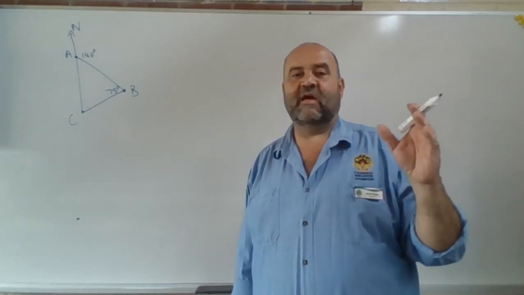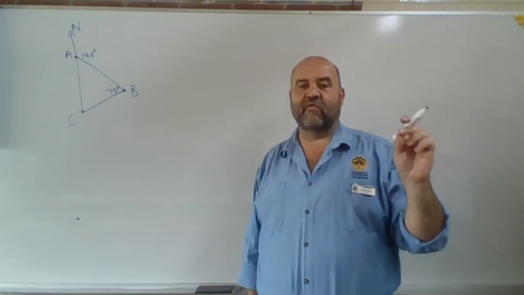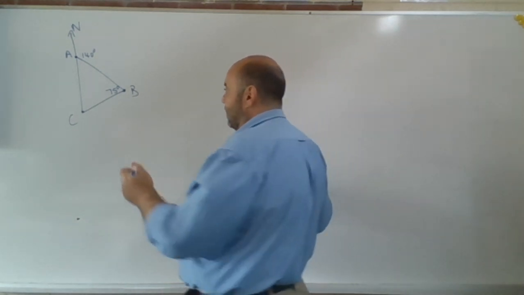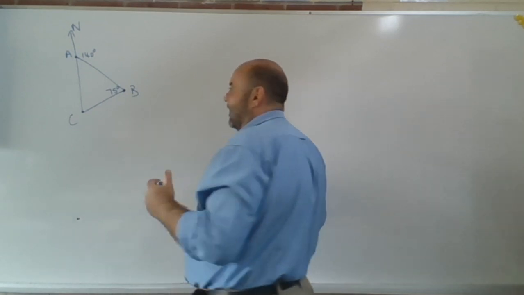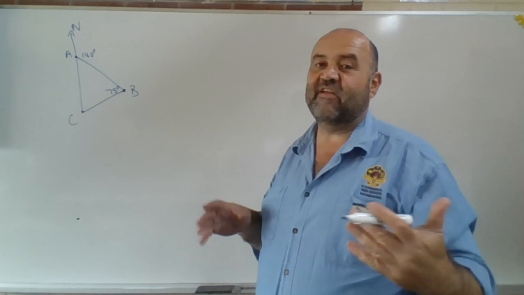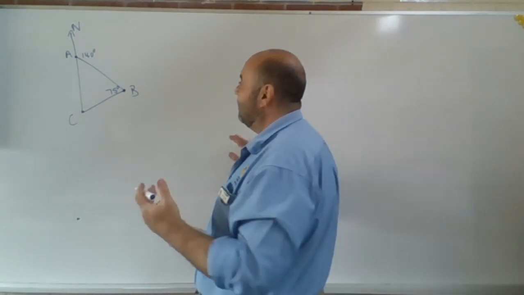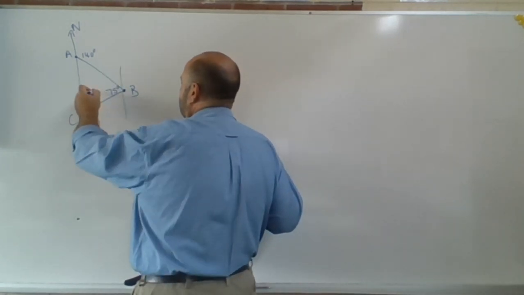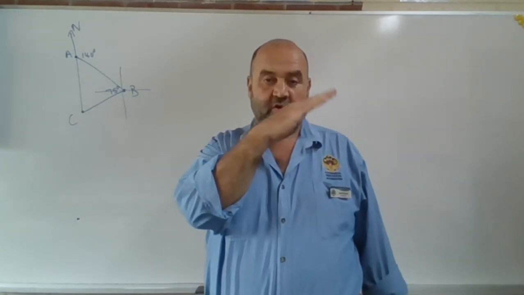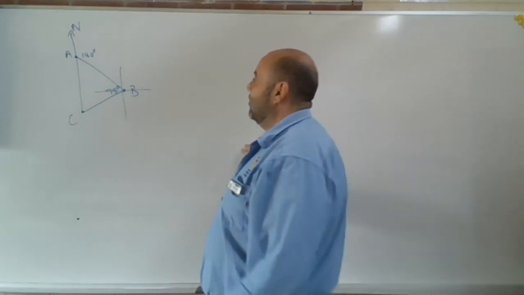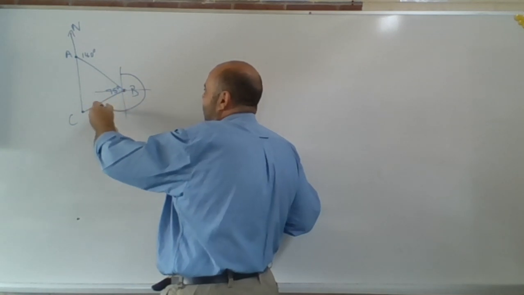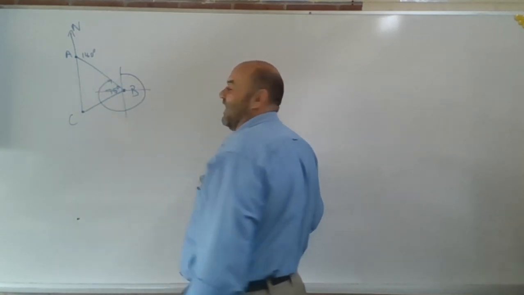The question says, find the bearing from B to A. So from B to A means here I am at B, and it's asking me what angle I need to turn through to be facing point A. Now remember with bearings that we always start from north and go clockwise. So what angle am I turning through here? What is that angle there?